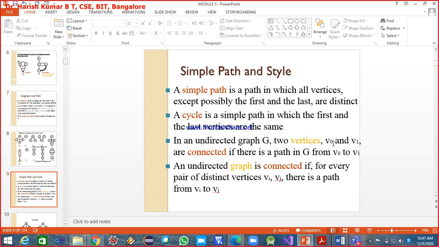For you to say that two vertices V0 and V1 in an undirected graph G are connected, what should there be between V0 and V1? There has to be a path. So if there exists a path in G from V0 to V1, then we say V0 is connected to V1.